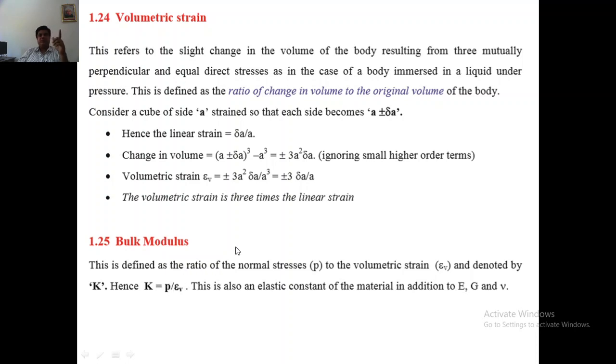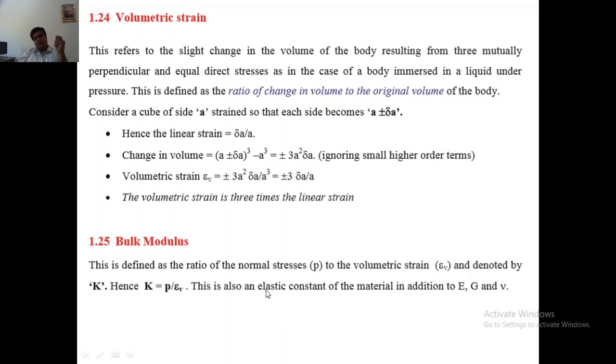Modulus of elasticity is normal stress by normal strain. Rigidity modulus is shear stress by shear strain, and the bulk modulus is the three-dimensional stress acting in all the directions of the body, to the strain, that is the volumetric strain, the change in the volume. That is called the bulk modulus.